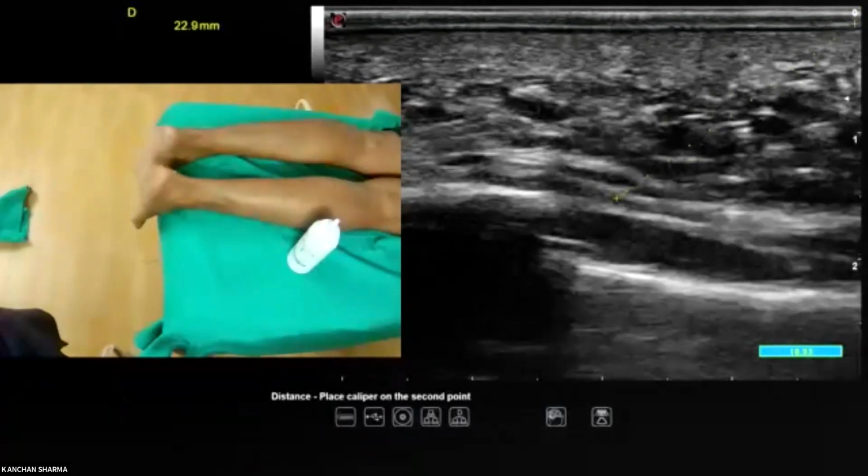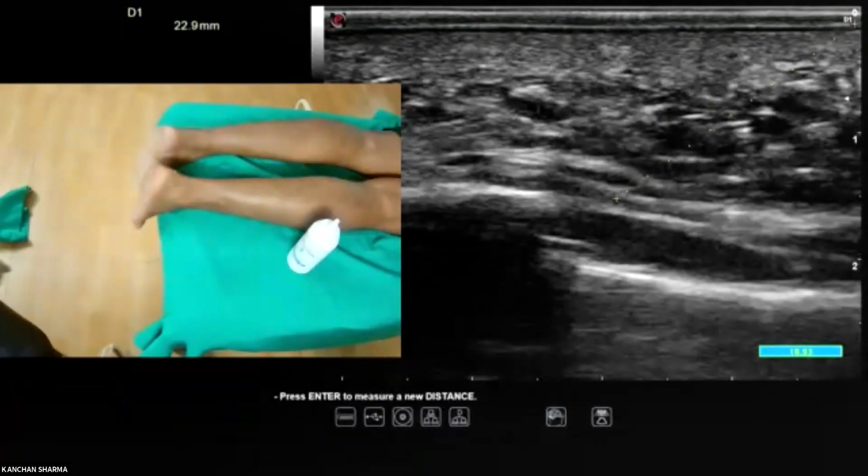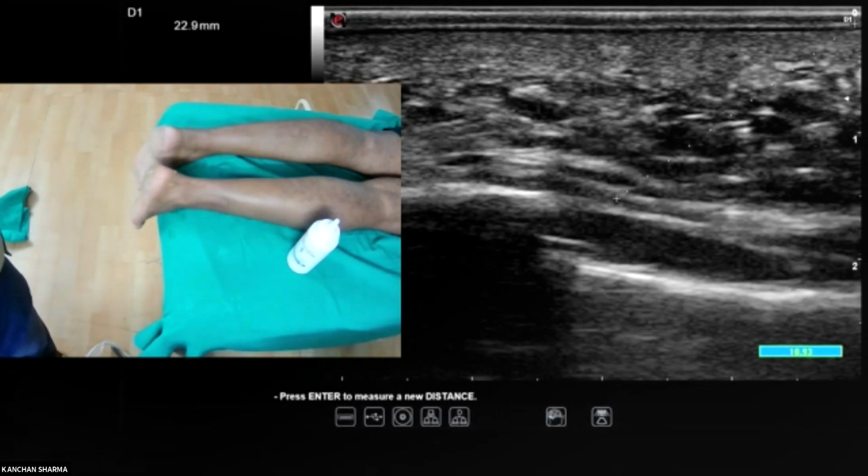I will stop here inside the substance of my plantar fascia. If you are injecting PRP, I would say do the needling of this fascia and then inject your PRP. So it should always be within the territory of that structure which you are going to inject.